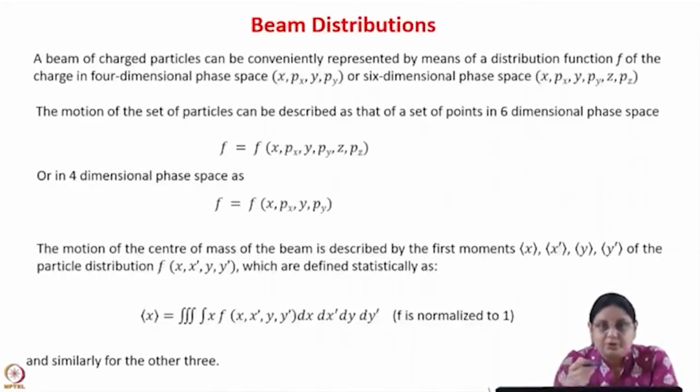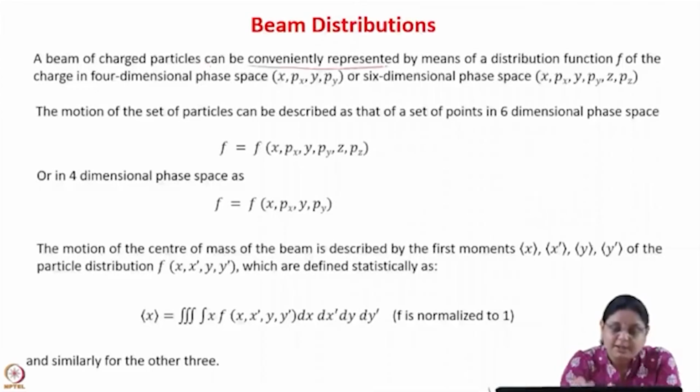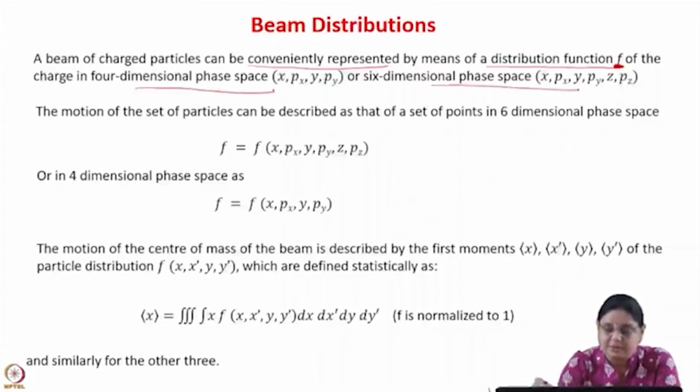Beam distributions. Now let us talk of beam distributions. We've already seen a uniform distribution and a Gaussian distribution. A beam of charged particles can be conveniently represented by means of a distribution function f of the charge in 4-dimensional phase space or 6-dimensional phase space.